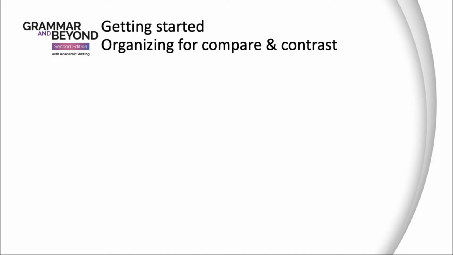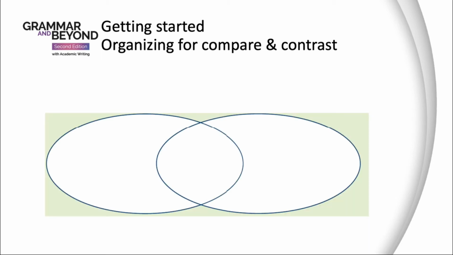Now, we've looked at making an argument, but what happens when we're doing something that is a compare and contrast task? That's different from an argument, so let's look at how we might want to organize that information. And in this case, a Venn diagram is particularly useful. You can put information on one side that is related to one of the topics.